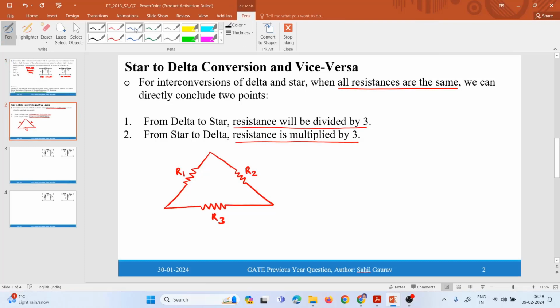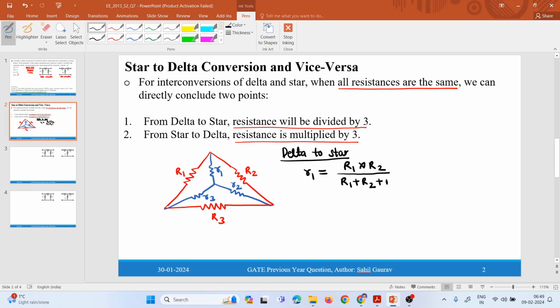Now let us take the equivalent star connection, with small r1, r2, r3. Writing from delta to star, r1 equals the product of the two components adjacent to it, that is R1 into R2 divided by R1 plus R2 plus R3.